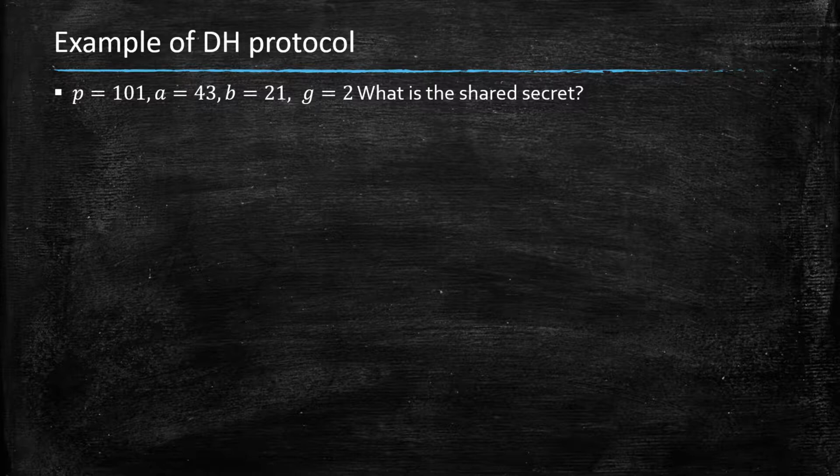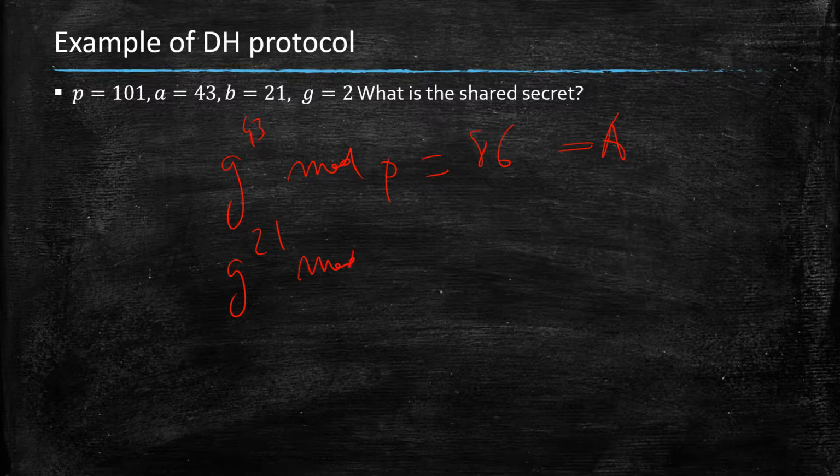So G to the 43 mod P equals 86, and that would be capital A, while G to the 21 mod P is equal to 89, which equals capital B.